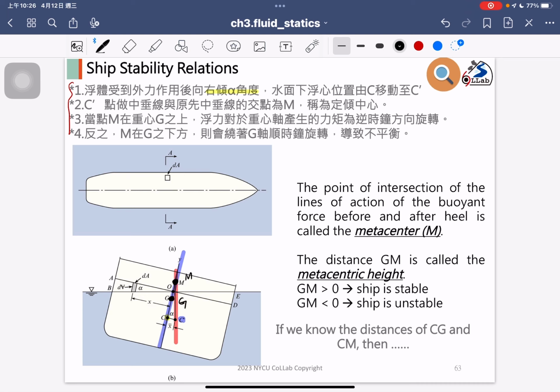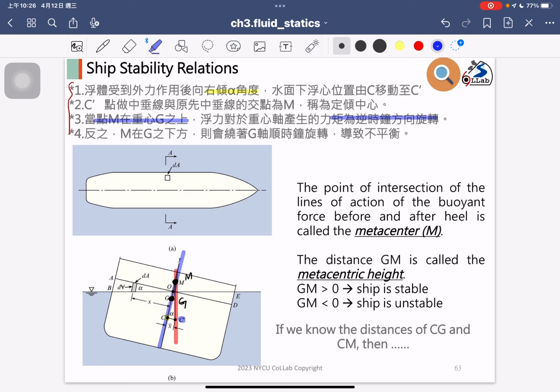In the third step, if the M location is above the G point, we will have a counterclockwise moment. That means the ship will rotate back to the stable condition, right? Because the alpha angle is rotating to the right, but we will have a counterclockwise moment to move the ship to the stable condition.